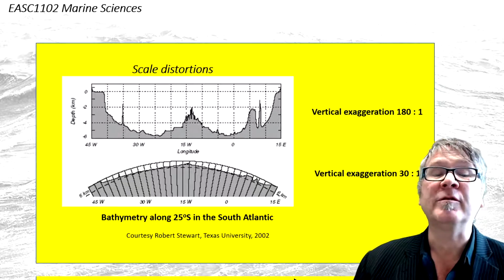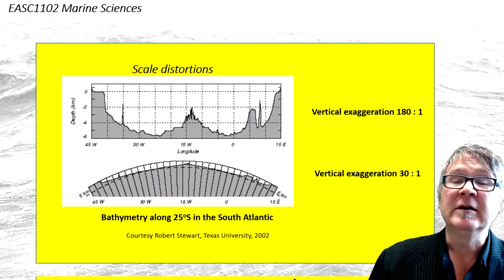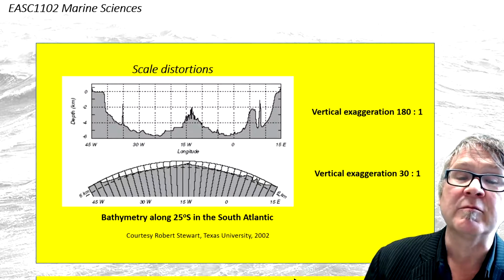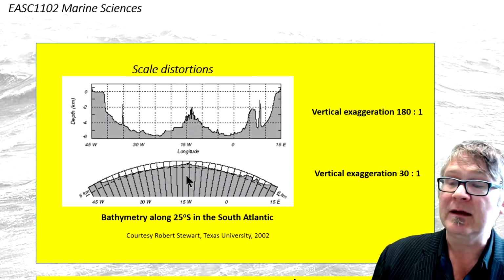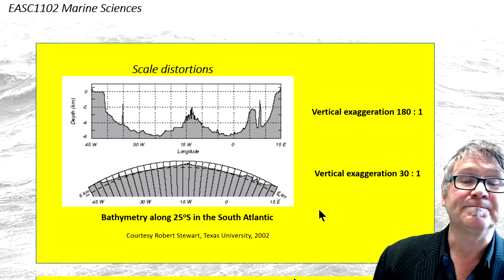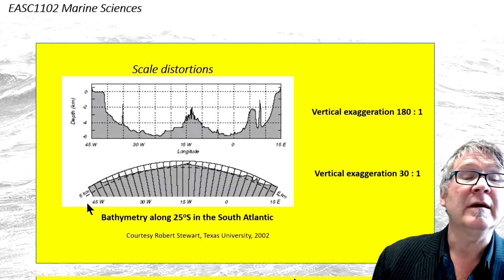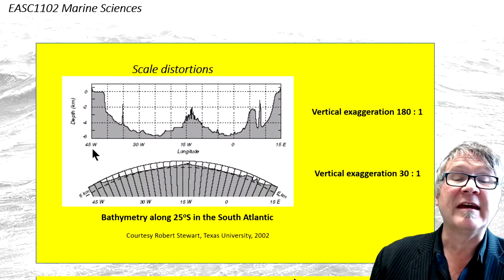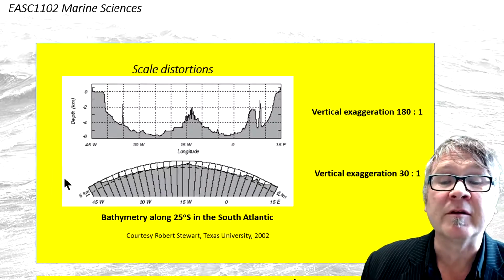Okay, so if you wanted to do it a little bit more realistic, you would do something which is shown here in the bottom panel, where the horizontal scale is compressed by 30 times compared with the vertical scale.